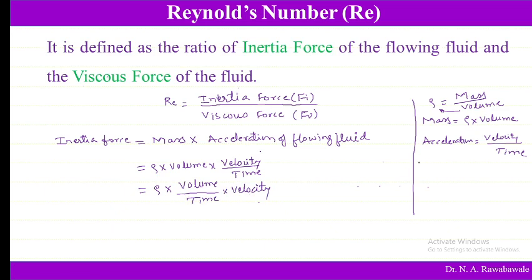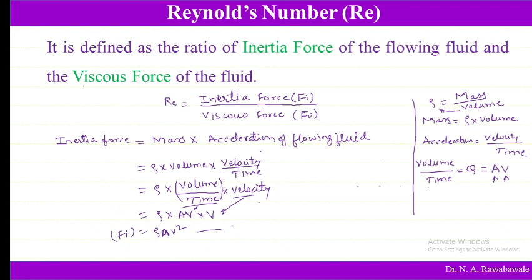Now volume per unit time is the discharge Q, that is A into V. Substituting volume per unit time as AV, we get rho into A into V, where A is area and V is velocity of fluid, into again velocity V. So this is rho A V square, which is the inertia force Fi. So inertia force Fi is equal to rho A V square. We call this equation number 1.